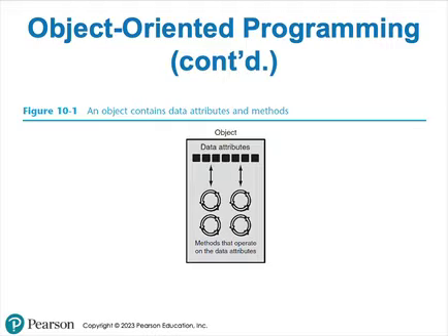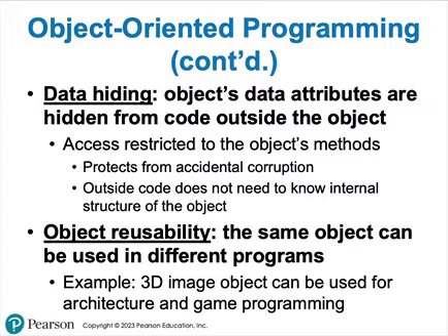They have data attributes here shown as squares, and then they have the little circles with arrows that represent code. So you call a method, and then that method will interact with the data attributes and possibly call other methods within the object. Data hiding is the fact that we're hiding data attributes and code from the outside world.